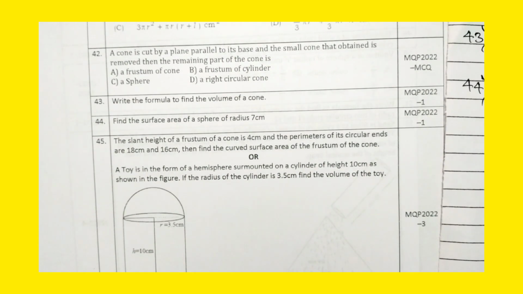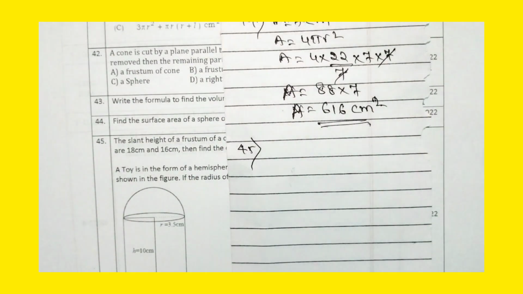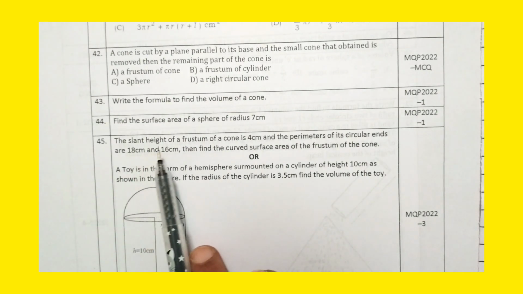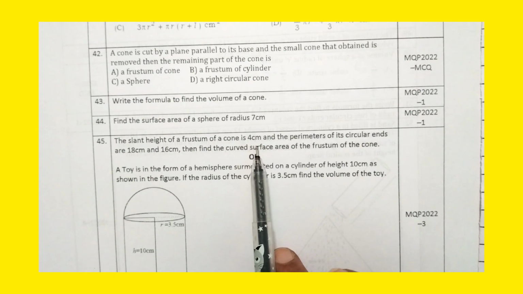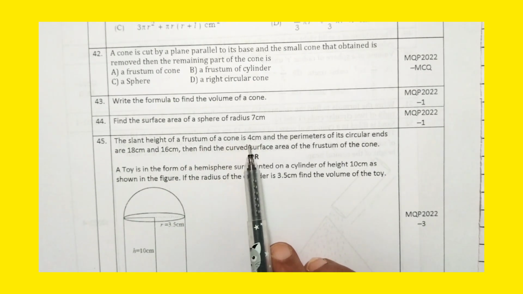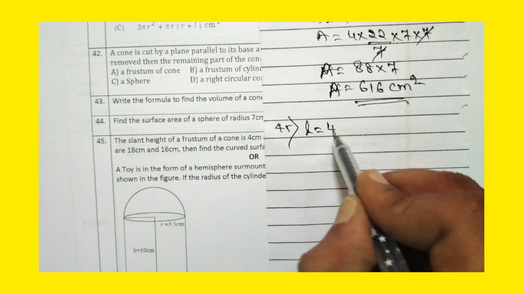Now let us move to the 45th question. The slant height of a frustum of a cone is 4 centimeter. The slant height is given as 4, and slant height is L. So L is equal to 4 centimeter.